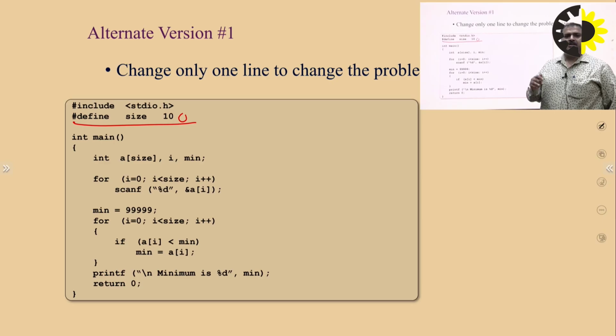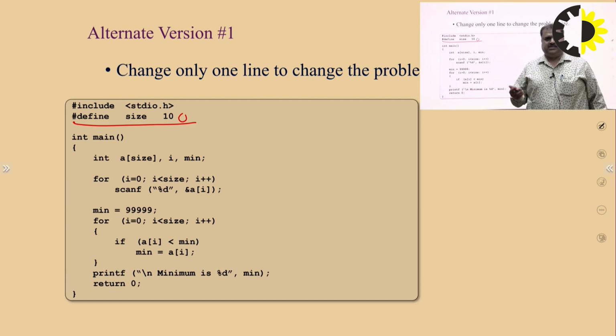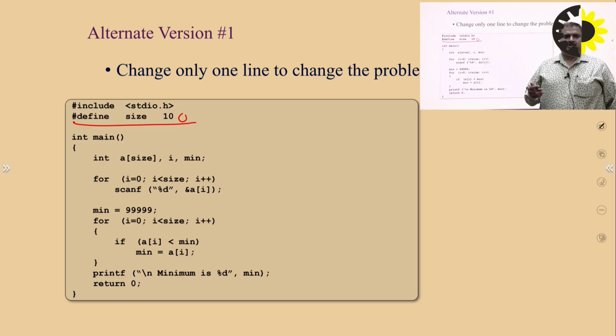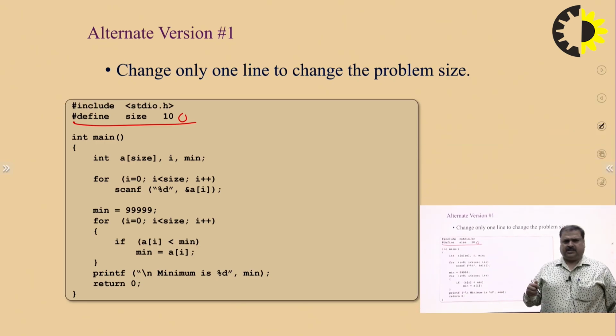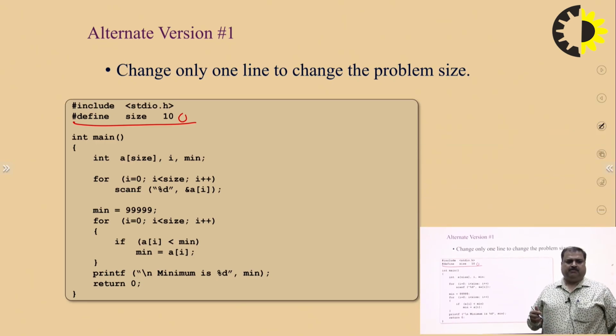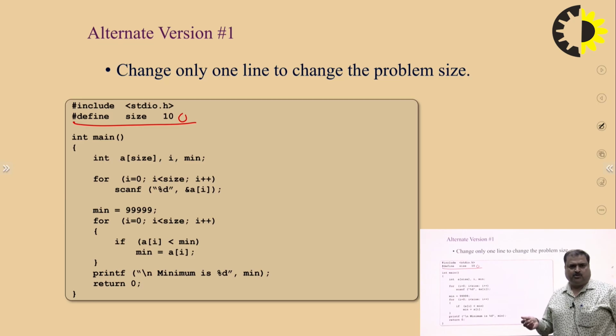Or in the new compilers, we can first take the size from the user, and later on declare an array of that size. In coming examples we will use that also.